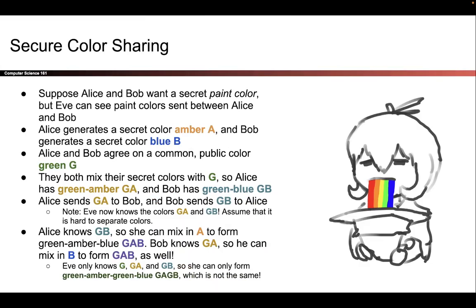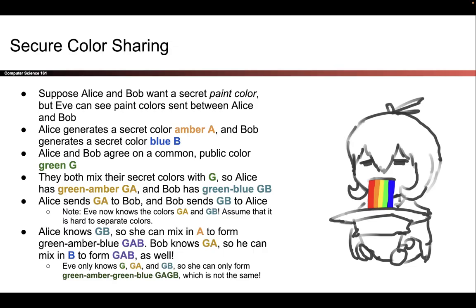Let's restate the color sharing scheme one more time with some slightly different colors for reasons that will become clear soon. The first step is for Alice and Bob to generate each half of the secret. So Alice generates her half of the secret, which is amber, A for Alice, and Bob generates his half of the secret, which is blue, B for Bob.